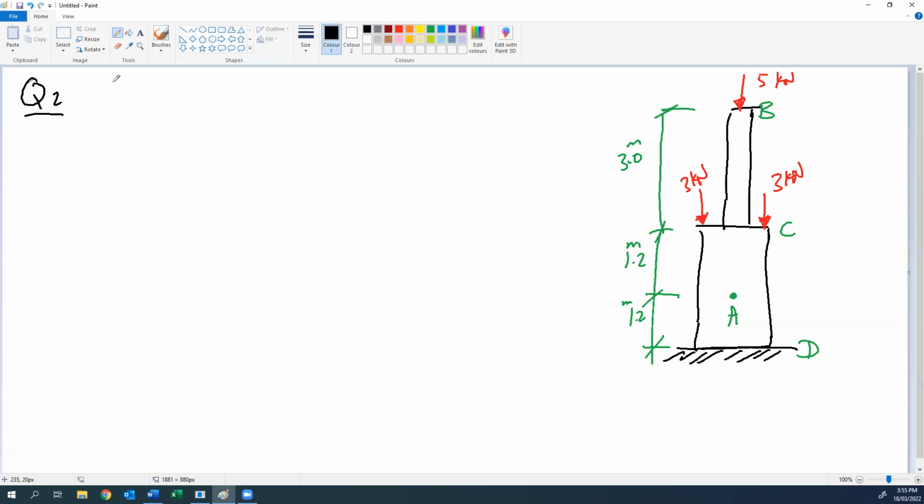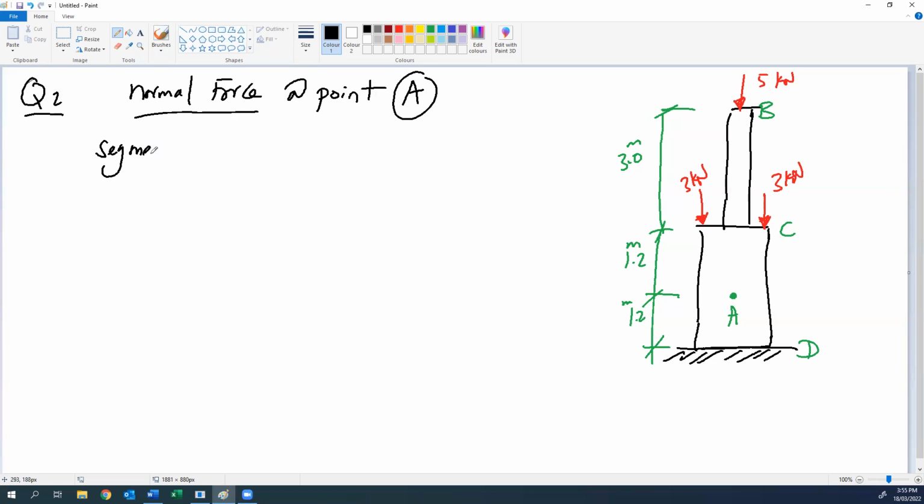The requirement is to determine the internal normal force at point A. So we need to know the maximum normal force at A, where I'm giving you more information. Segment BC weighs 300 kilogram per meter length. Segment CD weighs 400 kilogram per meter length.